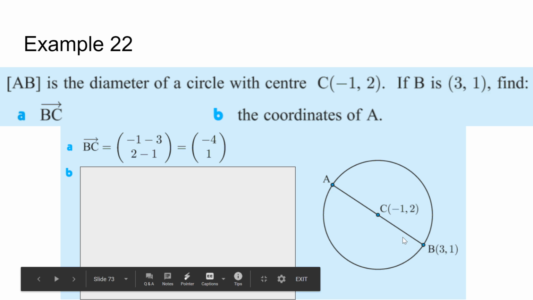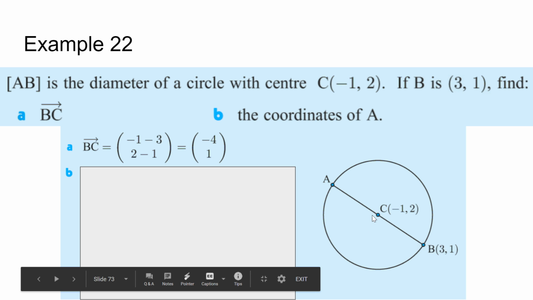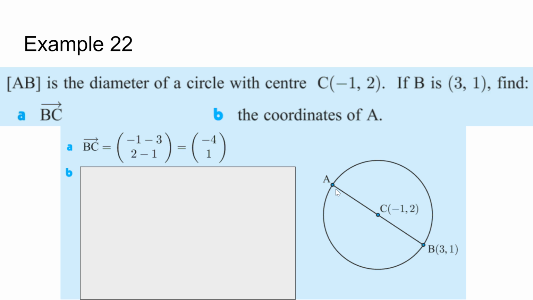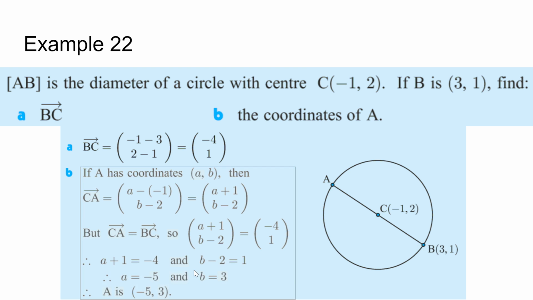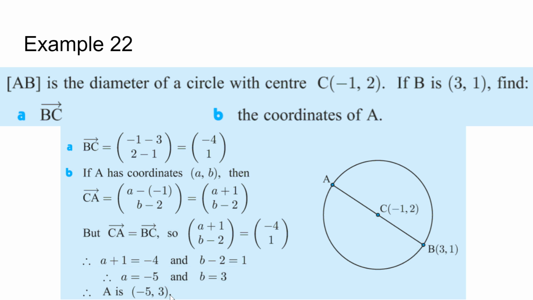So if vector BC has the coordinates negative 4, 1, that means I'm going to go negative 4 in the x direction, and I'm going to go up 1 in the y direction from there. So that should put me at negative 5, 3. And there we see negative 5, 3 are the coordinates of point A.